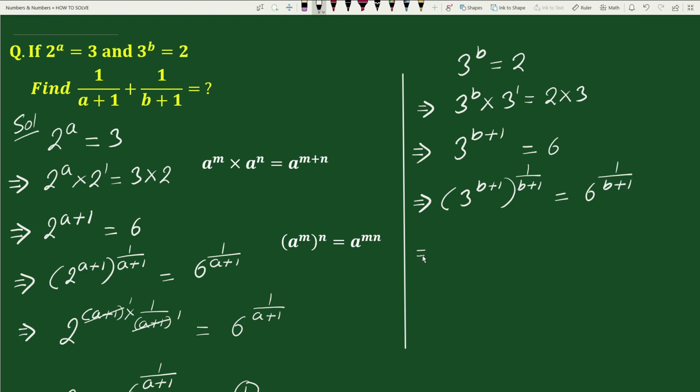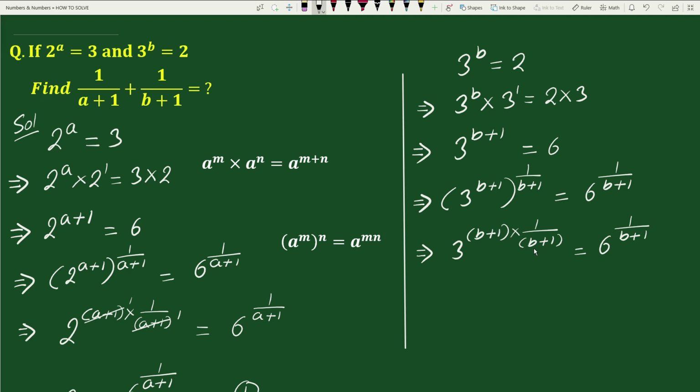This equals, again using the exponential rule, (a to the power m) whole to the power n equals a to the power mn. We can write this as 3 to the power (b+1) times 1/(b+1) equals 6 to the power 1/(b+1).